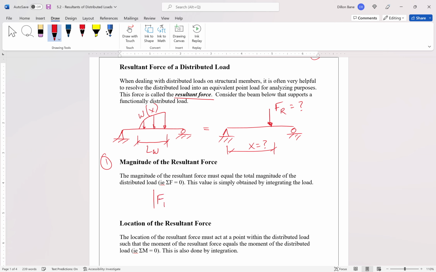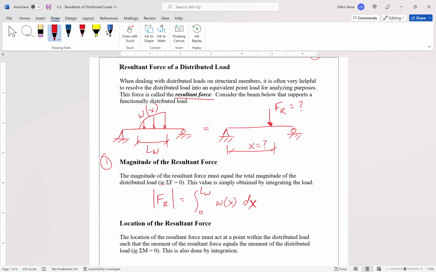So we can write this such that the magnitude of this resultant force FR is just equal to the integral from 0 to LW of W of x dx. If I can write dx properly, there we go. That's it. So just integrate the load. The area of the load becomes the magnitude of the resultant force.